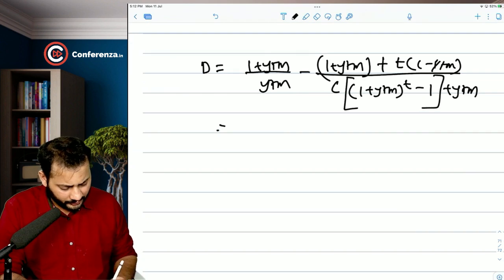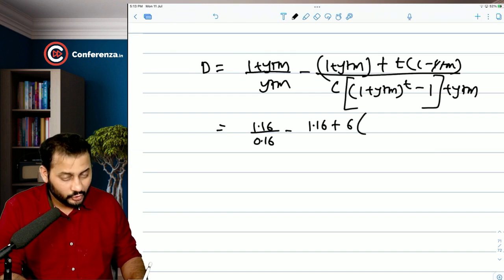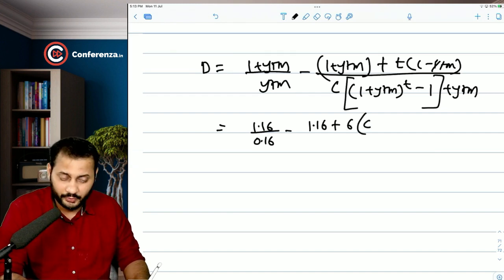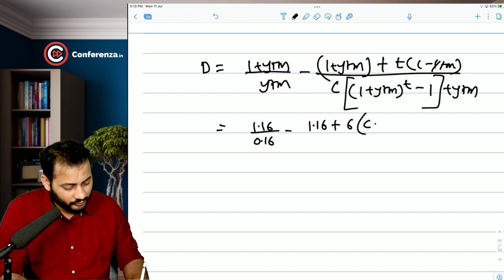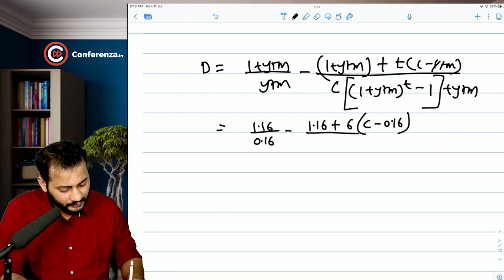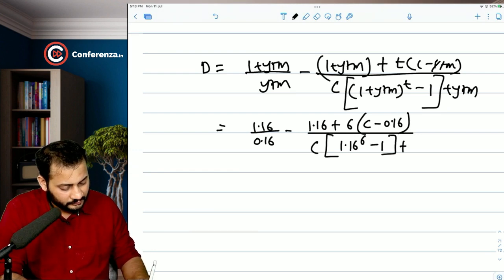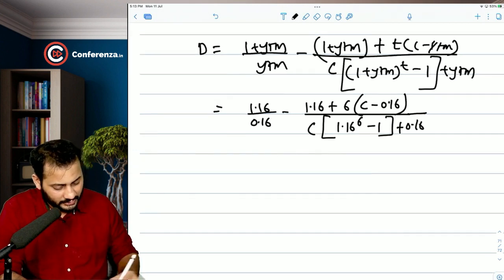Now if you start putting in the figures, it is 1.16, be careful while solving this, minus 1.16 plus time, which is 6 years. The coupon rate we don't know. YTM is 16%. Again, we don't know the coupon. 1.16 to the power 6 minus 1 plus 0.16. Okay, let's start solving it.